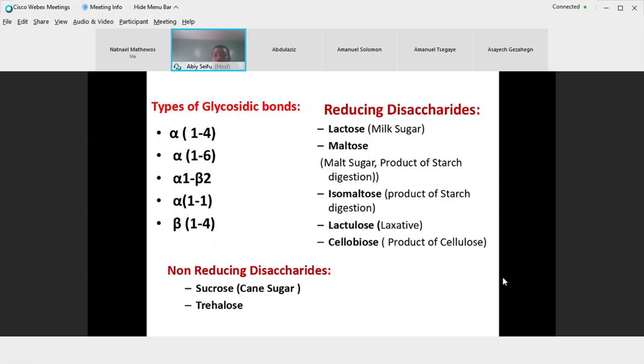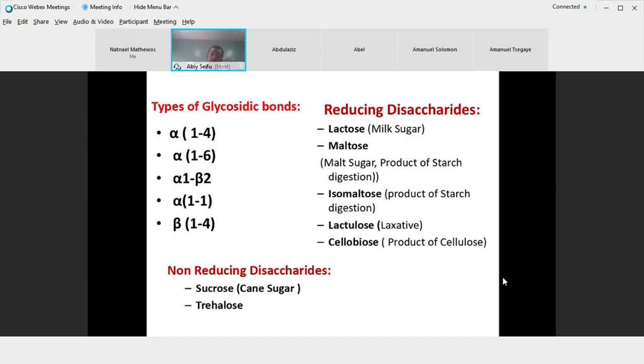For example, lactose is made by a 1 4 glucose linkage. Hence, the alpha OH of one glucose and the fourth carbon OH group of another glucose molecule are involved in the glycosidic linkage.